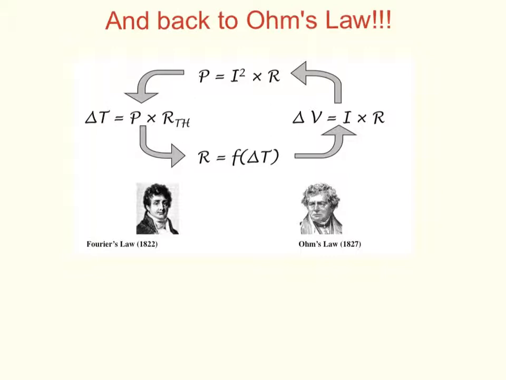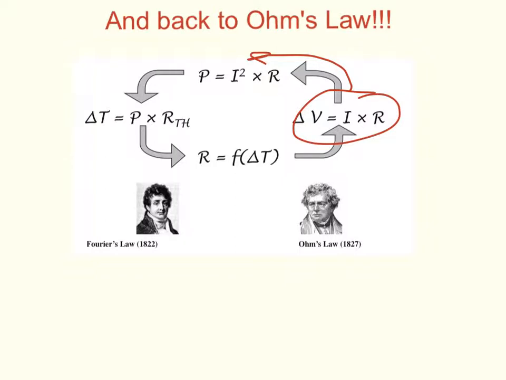So now let's look back at the loop that we looked at on our first slide, and let's look at what we've done. We've followed Ohm's law and looked at how that relates to power. A resistance in a material causes an increase in the amount of dissipated power, right?